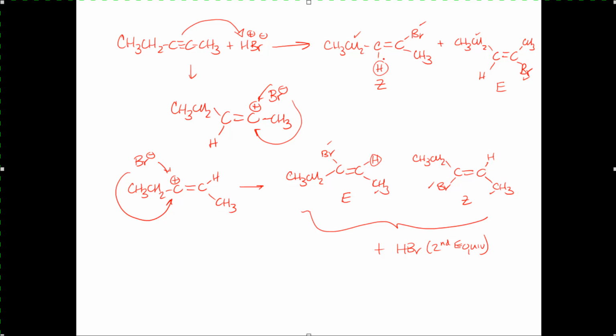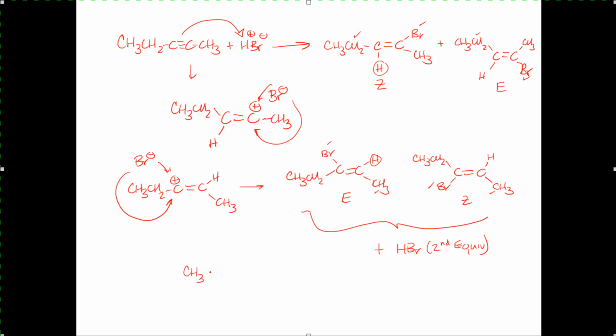And in this case, with these two products, I do have a Markovnikov product now. And in this case, I would also have a Markovnikov product. But I would end up adding another equivalent of HBr. What would I end up with? Actually, over here, for the top one, I would end up with the same product, right?